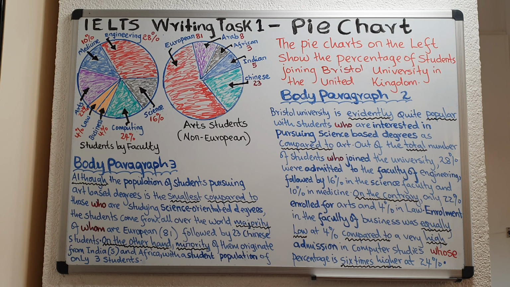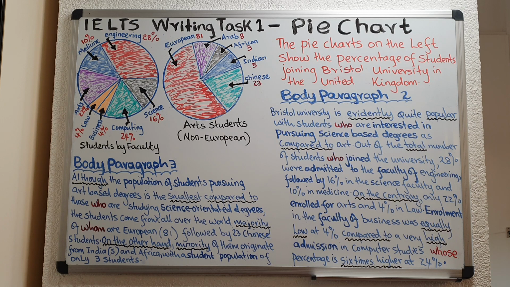Now, the number of students who are in those faculties are more than the students in the rest of the faculties. So, because of that, we can conclude that science-based degrees are more popular in Bristol University than arts-based degrees.